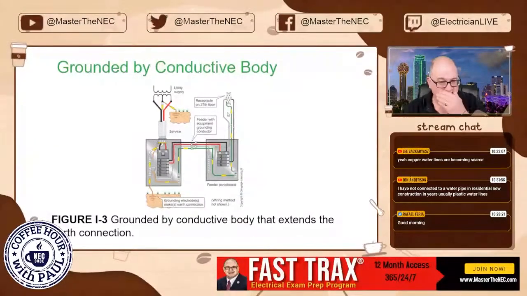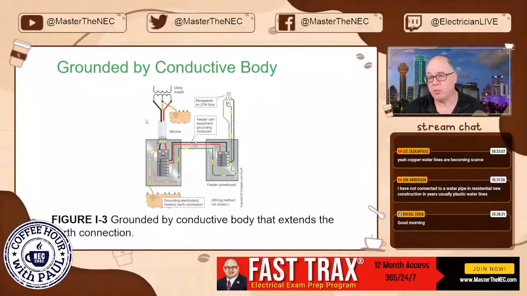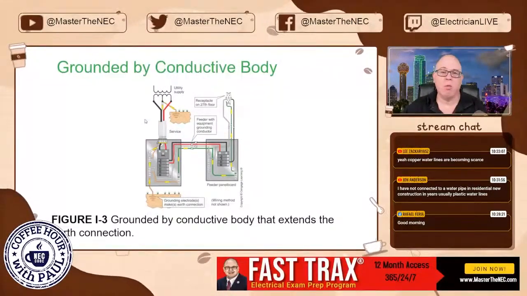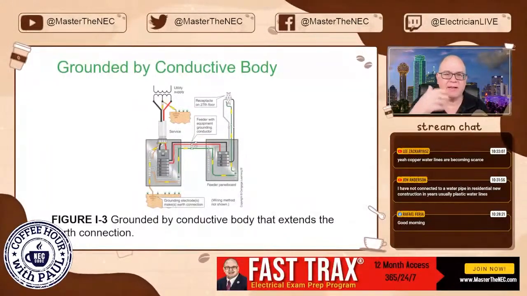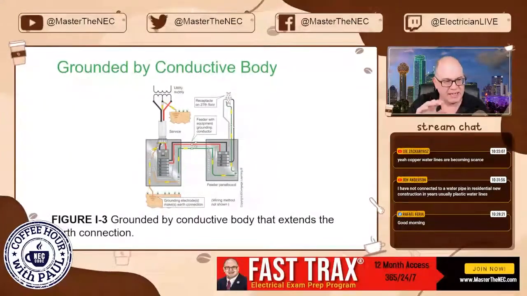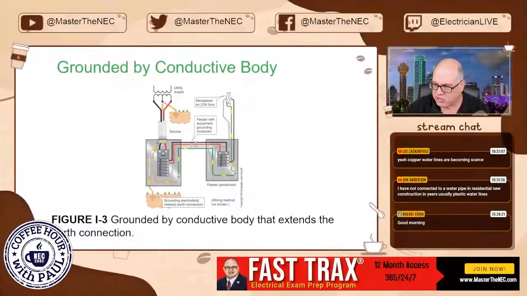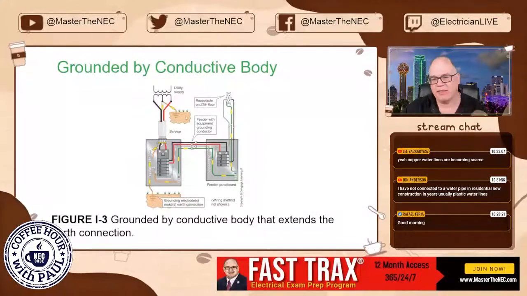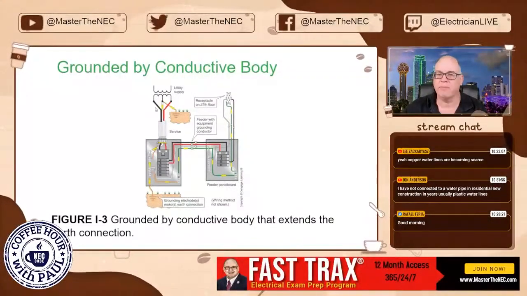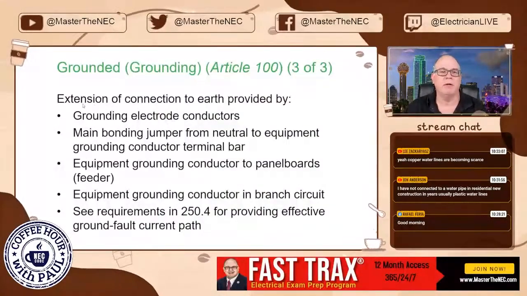But that is extending the connection to earth. Now, we won't get into faults and clearing faults until later episodes. This is, again, informational, setting the foundation. We'll get deeper into the weeds with fault current flow and how things happen as we get further in this series.